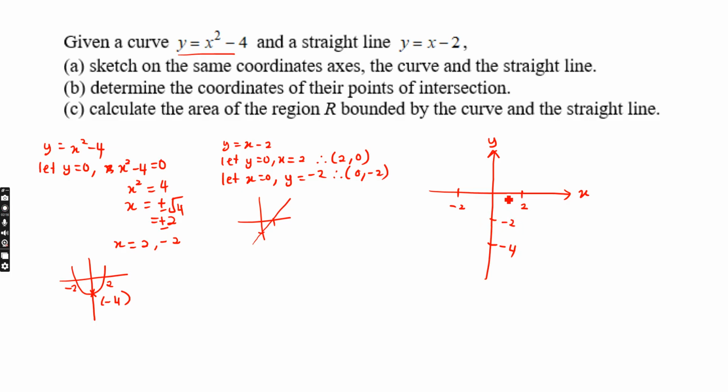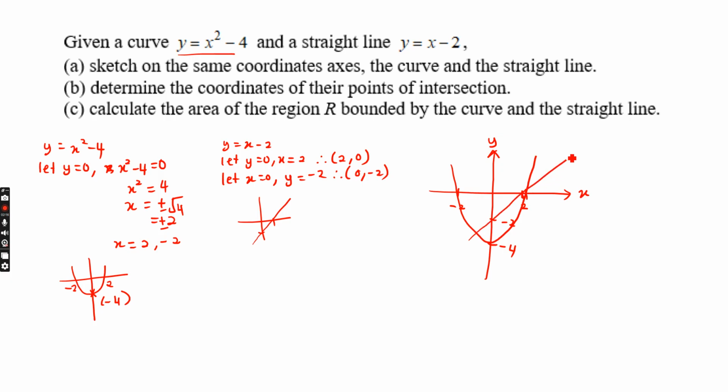Now we will draw the quadratic first, which is symmetric, right? Symmetric axis. So we draw a small graph like that. Just imagine that this is the proper one. And then the next one is a linear graph, which is 2, 0 and 0, negative 2, like this.